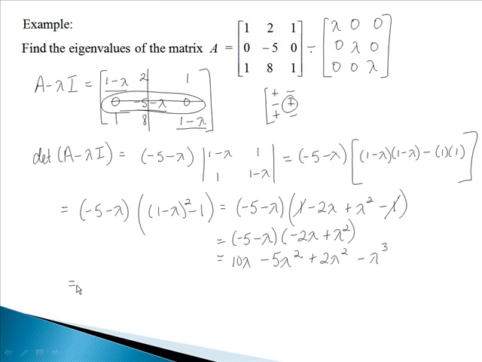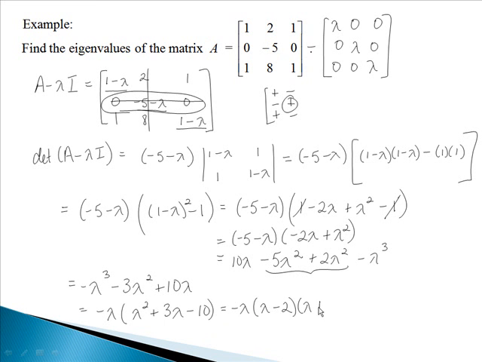So now when I combine like terms here in the middle, and I reorder it, I'll have negative lambda to the third minus 3 lambda squared plus 10 lambda, which I can now factor out negative lambda, and I'll have lambda squared plus 3 lambda minus 10, and that factors then as lambda minus 2 times lambda plus 5.